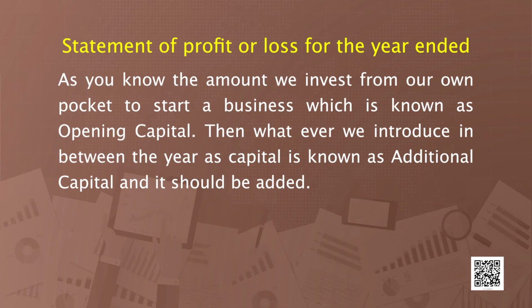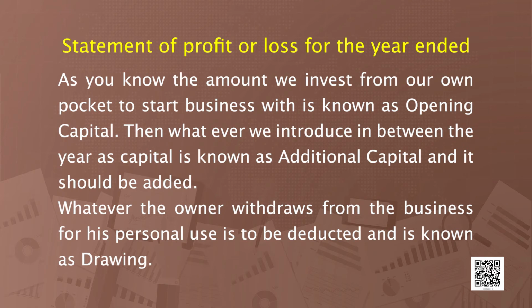Let me tell you how this formula is derived. As you know, the amount we invest from our own pocket to start a business with is known as opening capital. Then whatever we introduce in between the year as capital is known as additional capital, and it should be added. Then whatever the owner withdraws from the business for his personal use is to be deducted, and that is known as drawings.